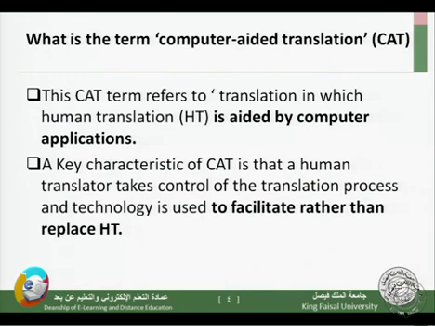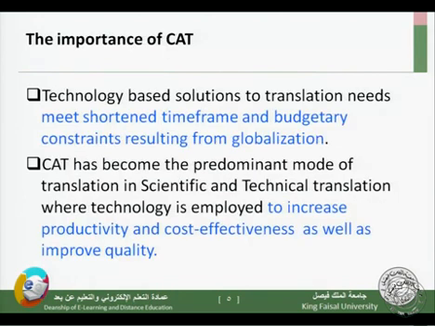You are in control of the translation, and you make use of this computer that aids you in your translation. This is very important. And the technology can never, ever replace you as a translator. Never. This is a fact.